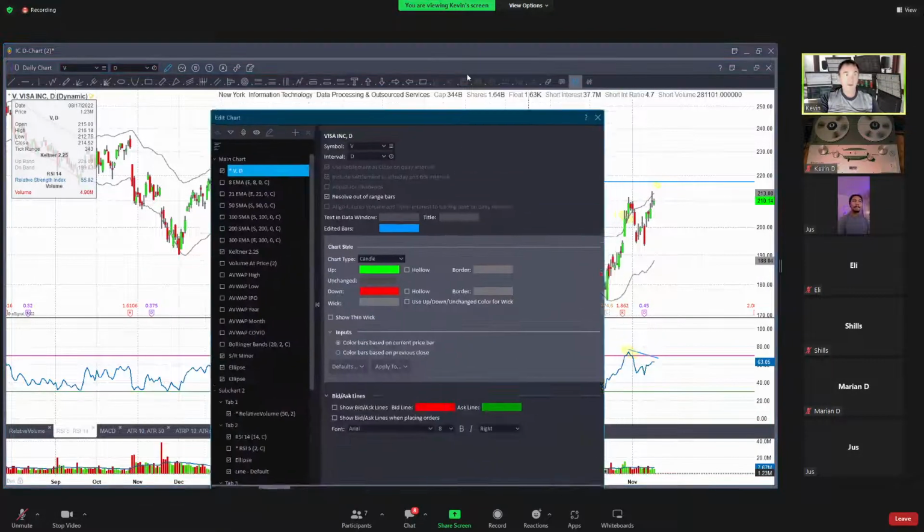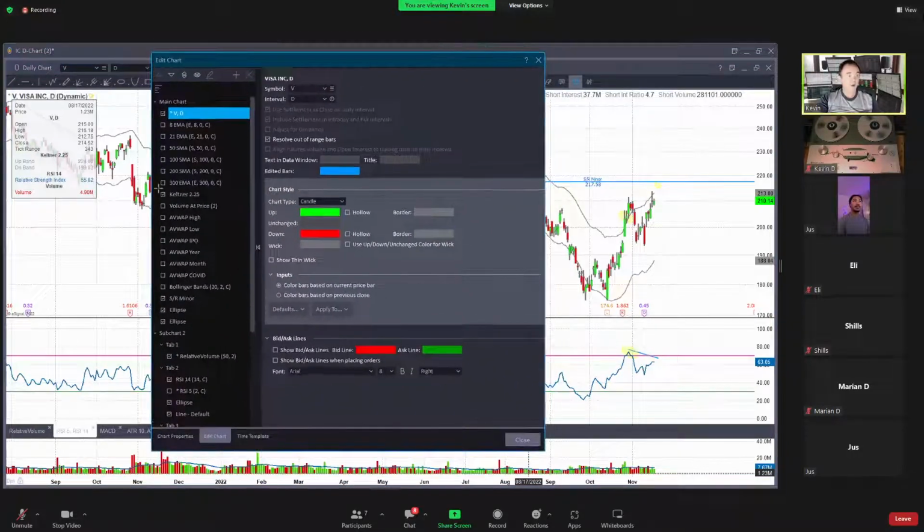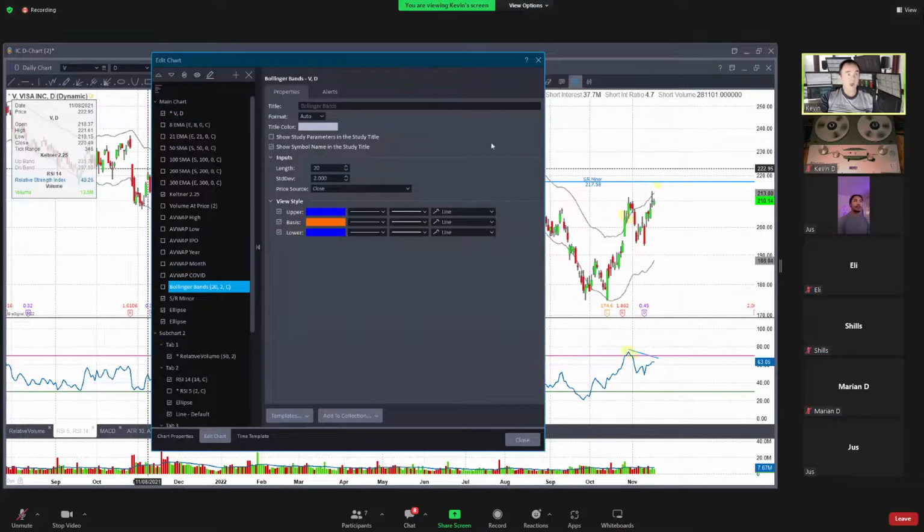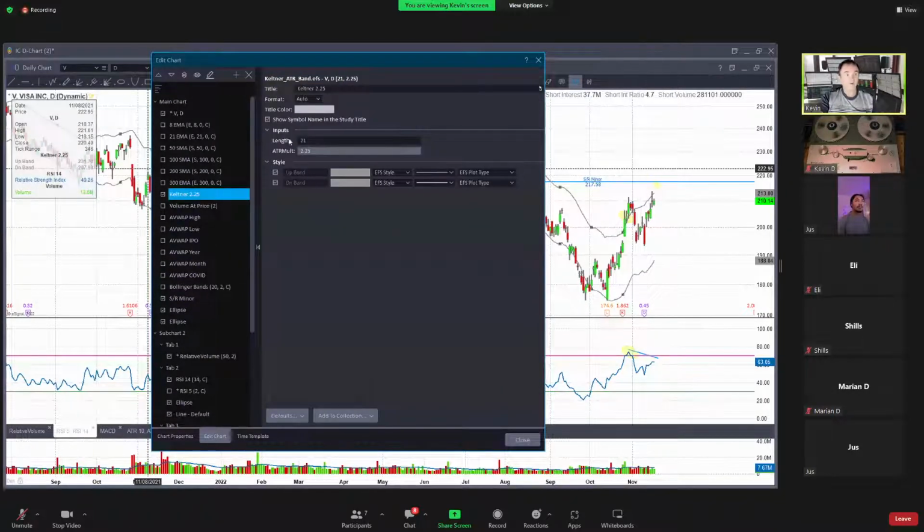Now the settings I had on the Bollinger Bands, you can see them here. These are the default settings: 20 days for your moving average, right? And 2 standard deviations, and pricing on close, of course. For the Keltners, I've got it set to a 21-day moving average and 2.25 standard deviations.